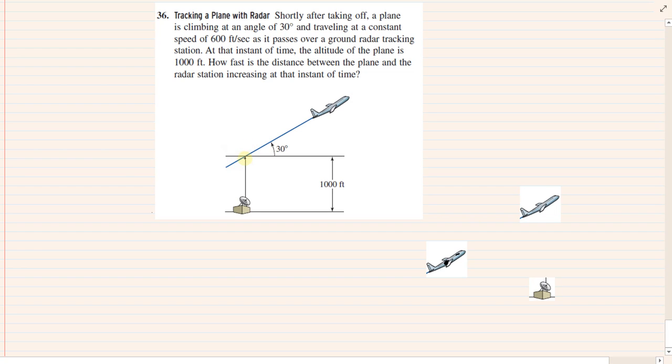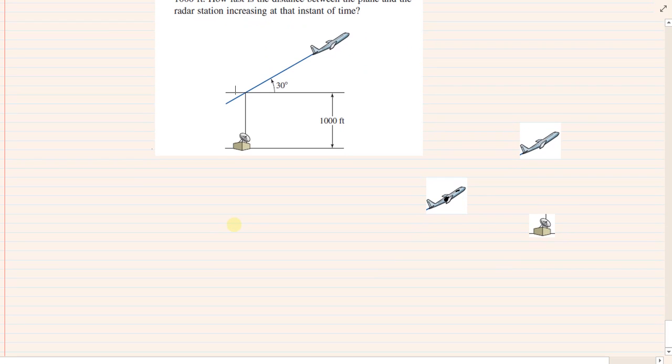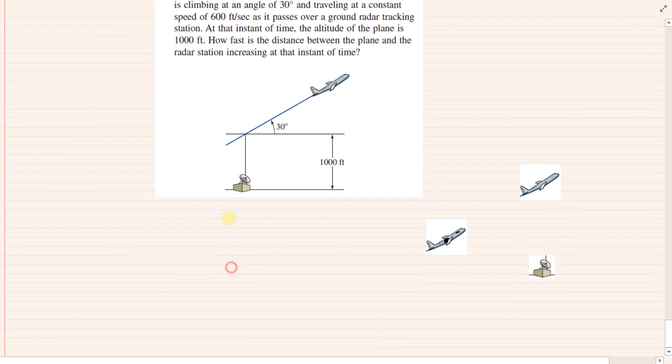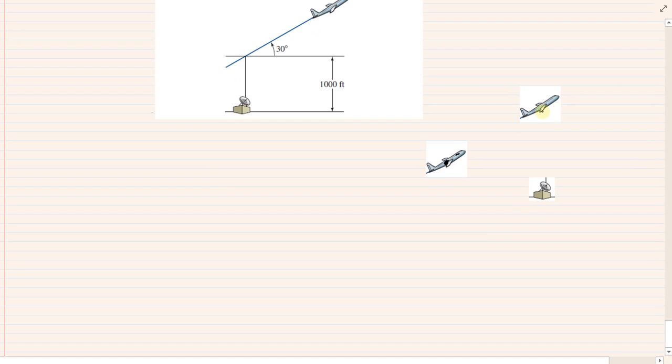So what I've done is I actually transferred that image over here. And so this distance is right in here. That distance is 1,000, so that's where the plane should have been. That's 1,000 feet. Now I'm looking at sometime before the plane has reached directly above the radar. So some t prior to this, the plane must have been here, and then the plane is going in that direction, right?